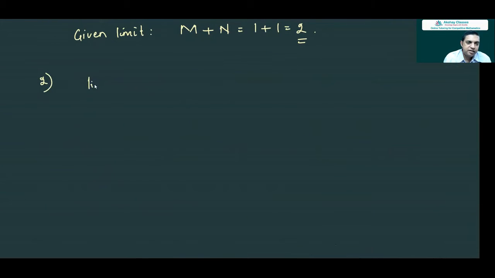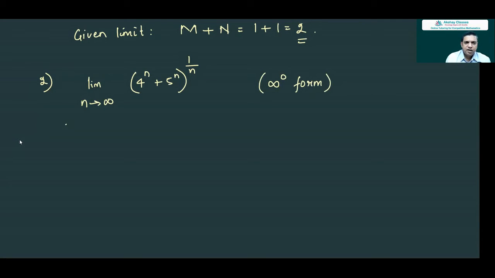Limit n tends to infinity, 4 power n plus 5 power n, whole to the power 1 by n. Answer. See, this is infinity power 0 form. Now there is no standard result for this.